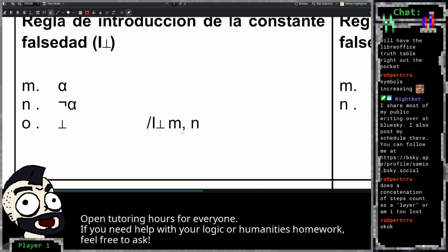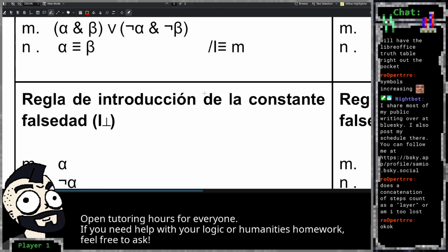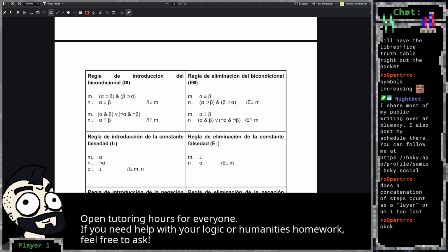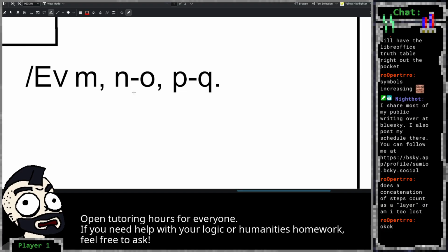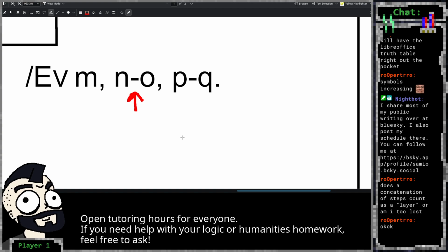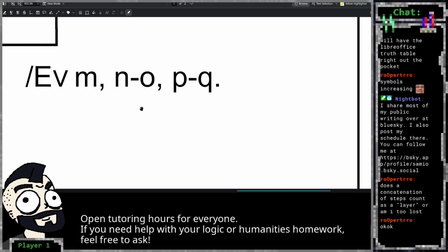When they are separated by a comma, that means they are individual steps, that means step M and step N. And when they are separated by a horizontal line, that means we're referencing a sequence of steps, basically from step N to step O. So, separated by commas, individual parts; separated by horizontal lines, the sequence that starts with this number and ends with this other number.